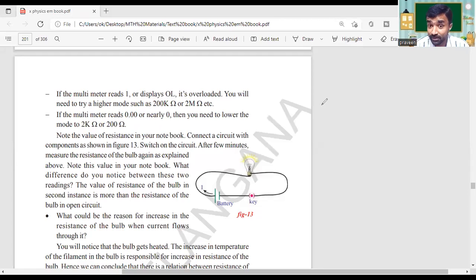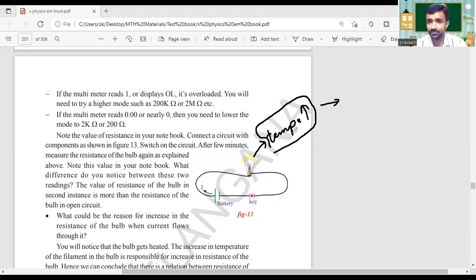Why am I choosing a bulb here instead of an LED bulb? Why am I choosing a normal bulb, ordinary bulb, right? So here simply while you are glowing the bulb, the temperature of the bulb changes, temperature increases, right? So this is the reason why I am using an ordinary bulb instead of an LED bulb.